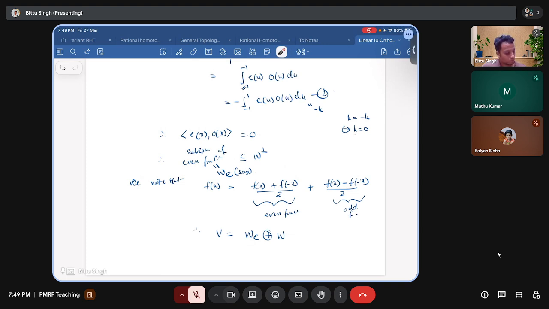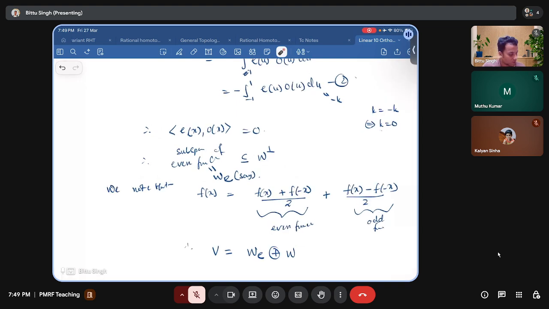So from here the conclusion actually follows, because if there exists a function f which is not an even function, but f belongs to W perp, therefore f cannot come from the even functions.